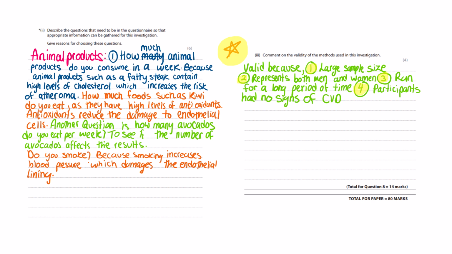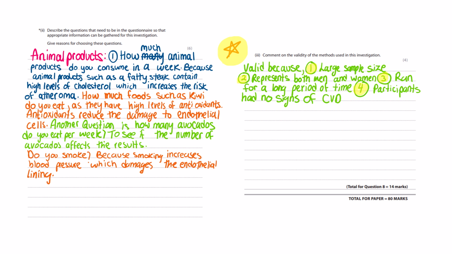Okay, so the first question we can ask is, how much animal products do they consume in a week? Because animal products such as a fatty steak contain high levels of cholesterol, which increases the risk of atheroma. Notice how I gave the question, and then I explained it, and then I gave a reason. The other question can be, how much food such as kiwis and oranges do they eat?